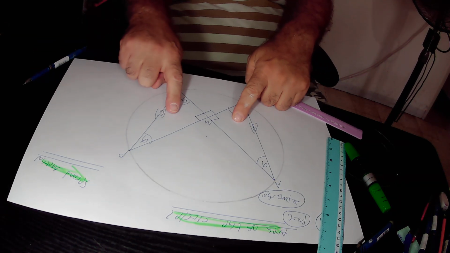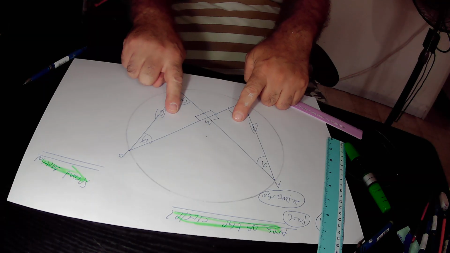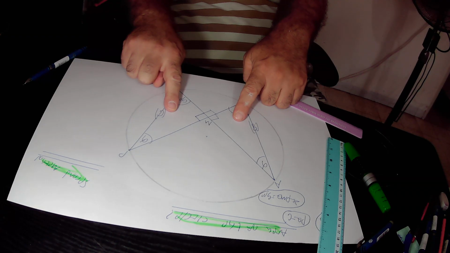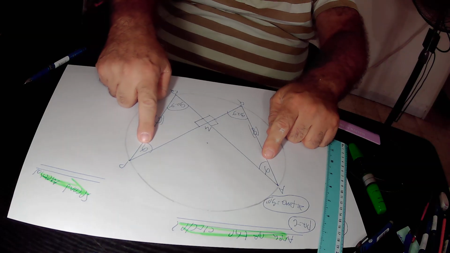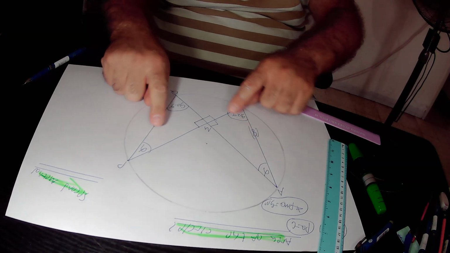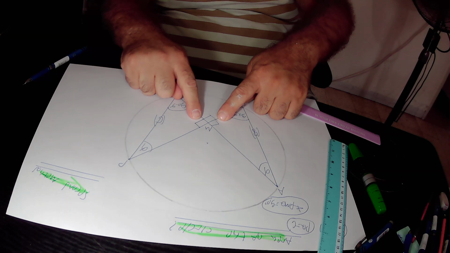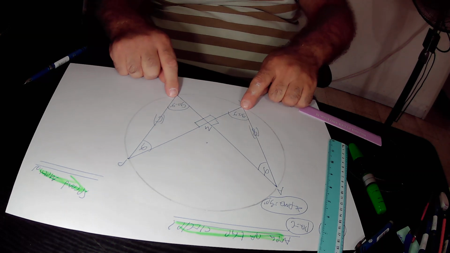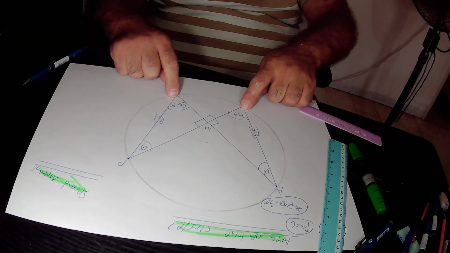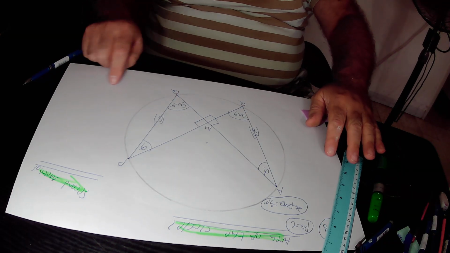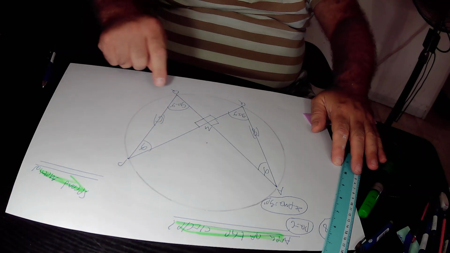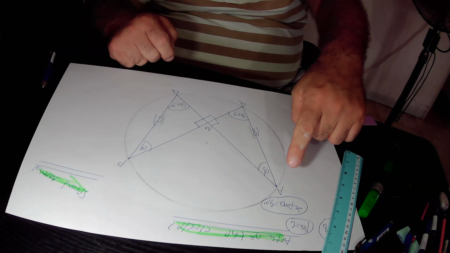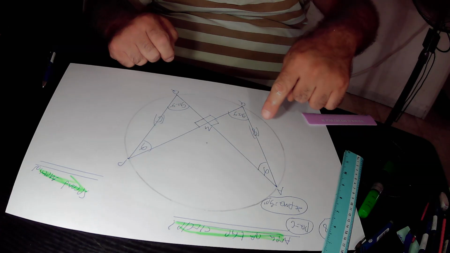Those two right triangles are similar to each other according to the angle similarity rule. This is to say those two angles are both equal to alpha, therefore they are equal to each other. In addition, those two angles are both equal to 90 degrees and therefore they are equal to each other. And finally, those two angles are both equal to 90 degrees minus alpha, therefore they are equal to each other. So all the angles of the right triangle PMQ are correspondingly equal to all those of the right triangle AMQ.